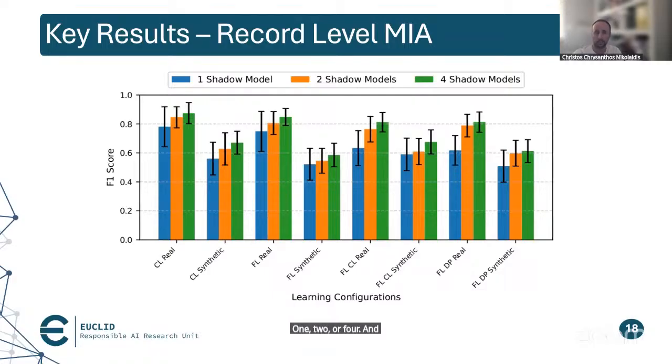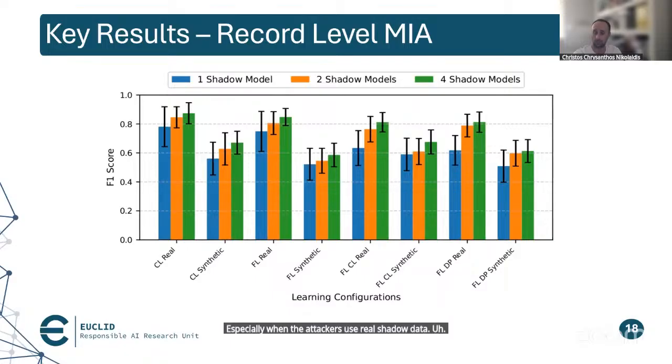And some key observations. Centralized learning with real data was the most vulnerable setup. With 4 shadow models, the F1 score reached up to 85%. Federated learning reduced this vulnerability, but attacks still succeed, especially when the attackers use real shadow data.